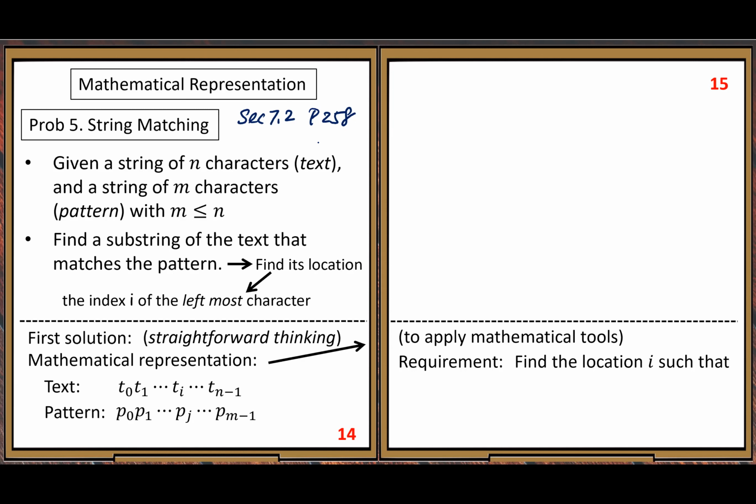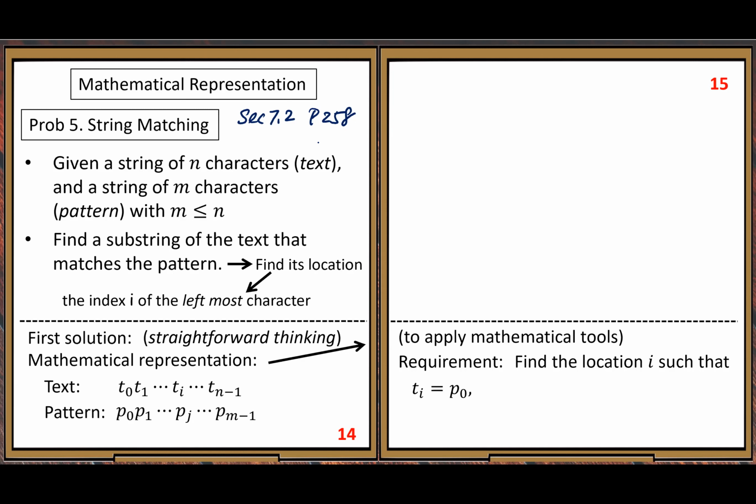Find a location i such that T sub i equals P0. So the substring starting at the character T sub i, with T sub i equal to P0.